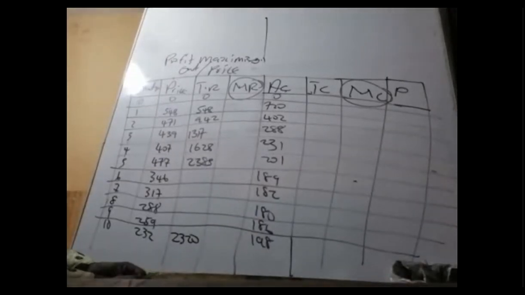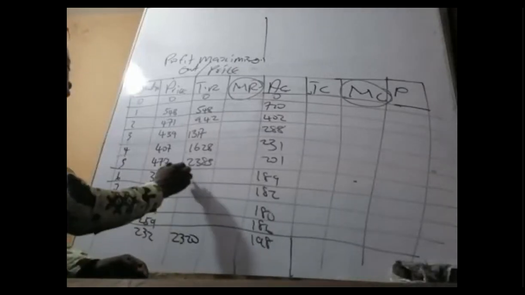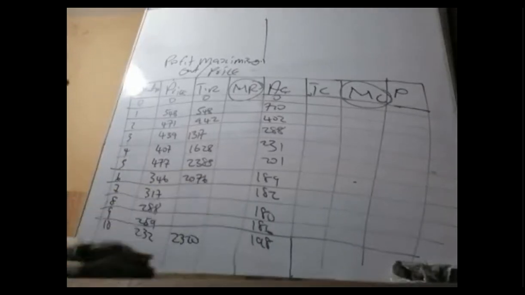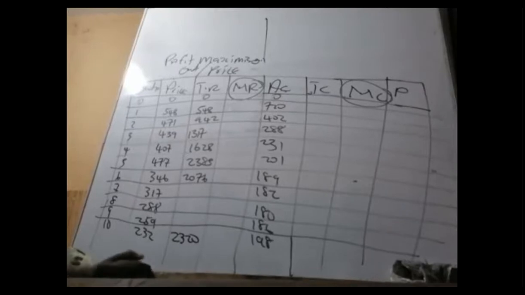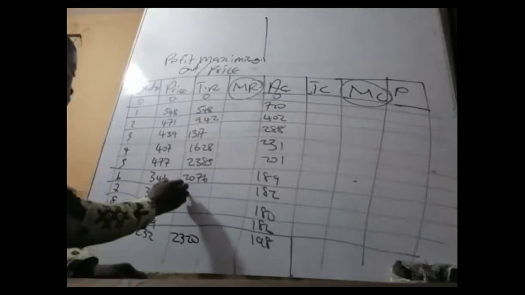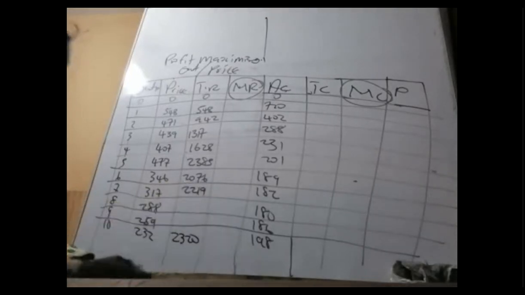Then we have something like 2076. Then 22.19.